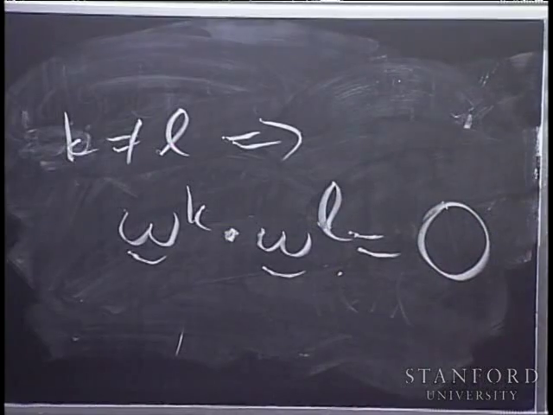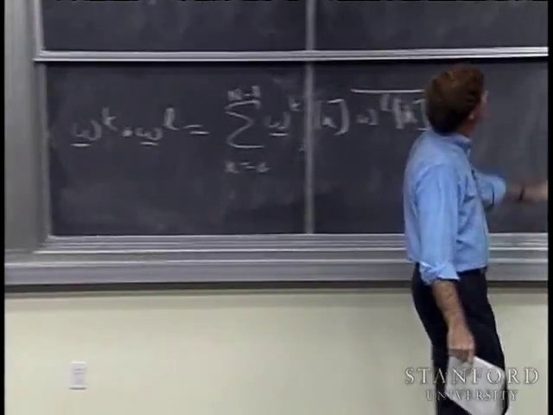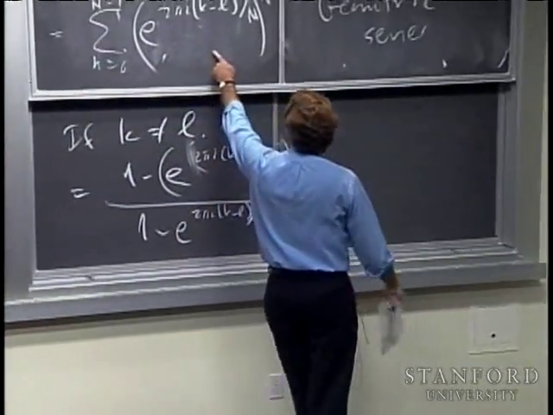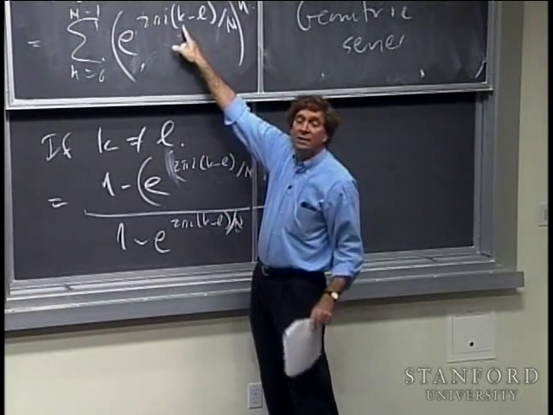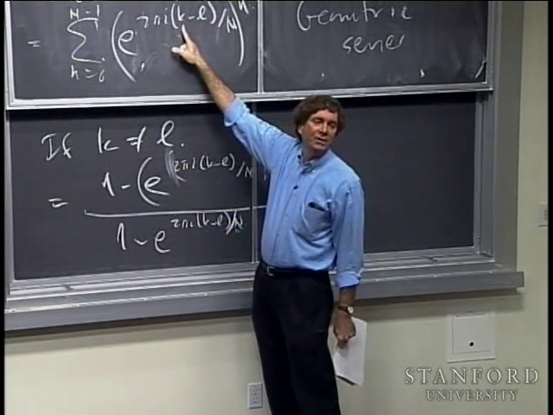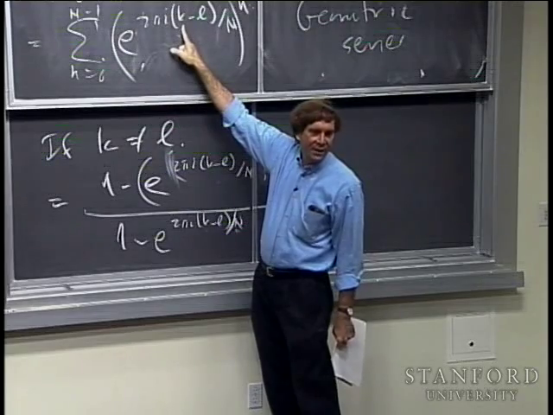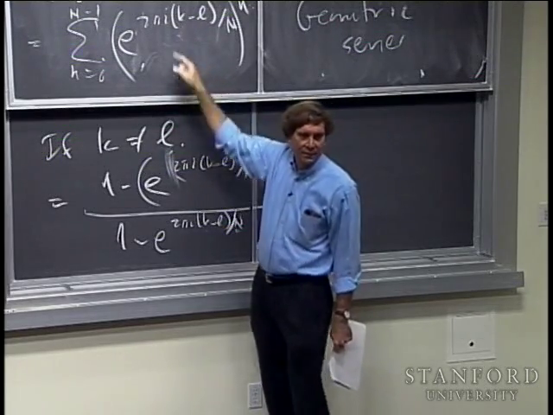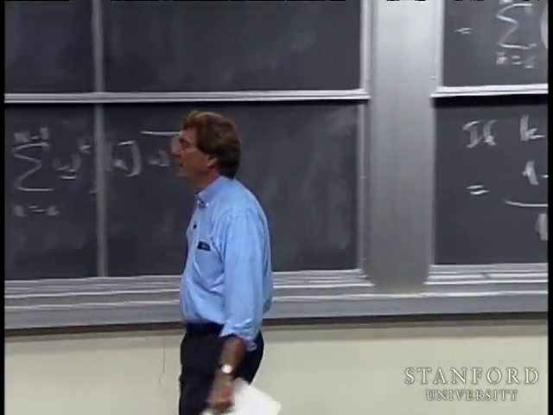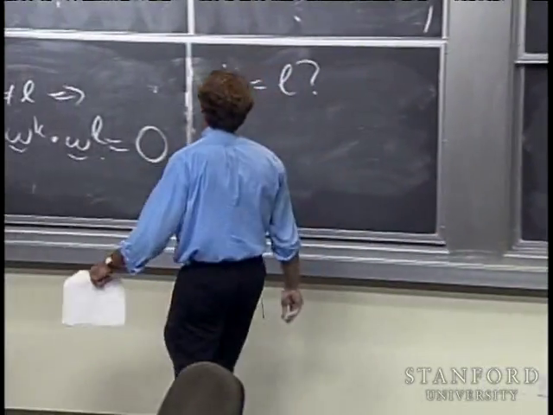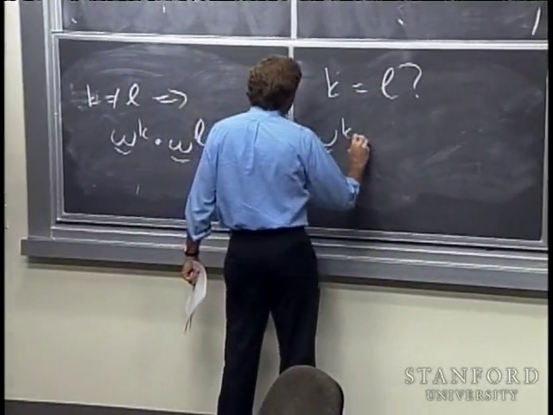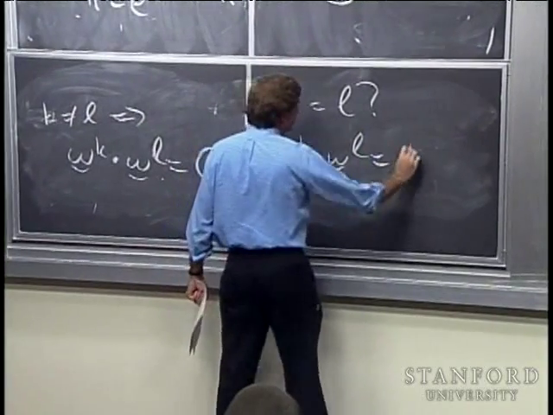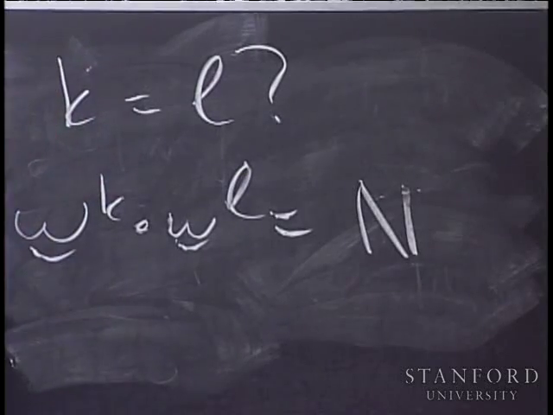If k is equal to L, go back to the sum here. Then I'm getting e to the 0, so I'm just getting a sum of a bunch of 1s. How many 1s do I have? N of them. So if k is equal to L, omega to the k dot omega to the L is equal to n.